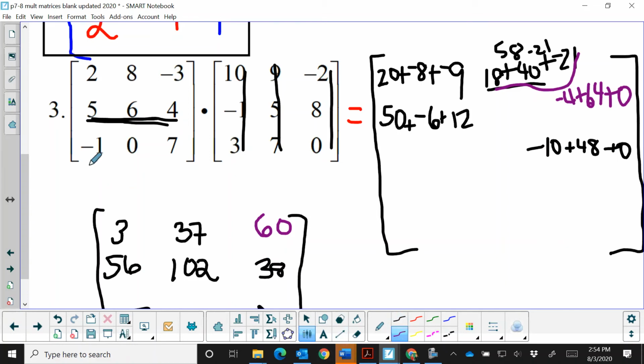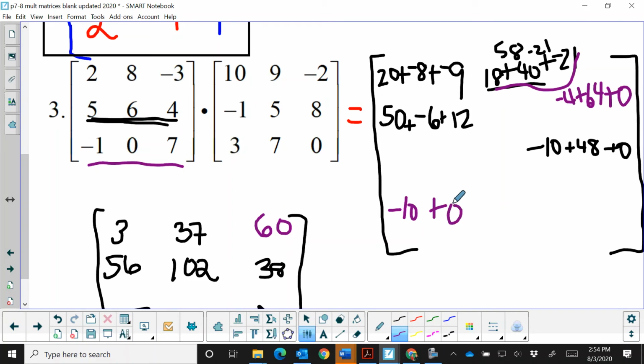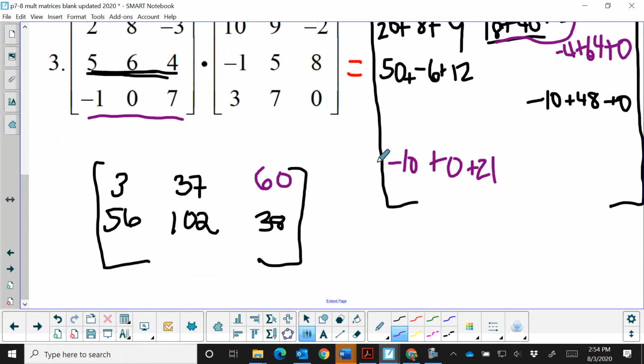Okay, and then the last row times each of my columns. Hopefully you're getting the hang of it by now. So we've got a negative 10, plus a 0, plus a 21. So that gives me bottom left, that's our left column, is going to give me 11.